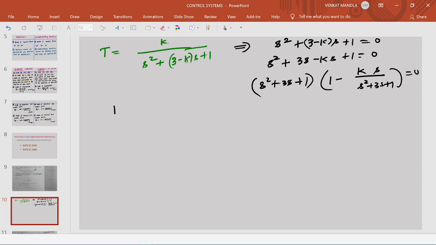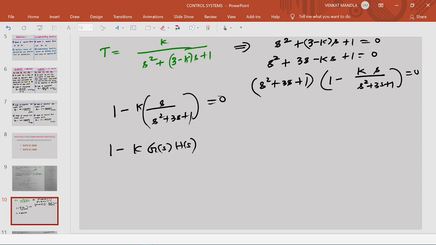From this, 1 minus K s by (s square plus 3s plus 1) equal to 0. I will compare this equation with 1 minus K G(s)H(s) equal to 0. From this, the open loop gain G(s)H(s) is s by (s square plus 3s plus 1).